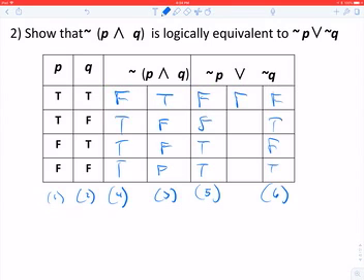So at least one is true, no, and then true, true, true. This is column 7. So the final columns, let's see. This is one of them. And then 7, this one.